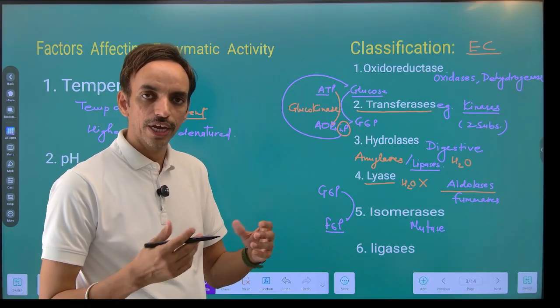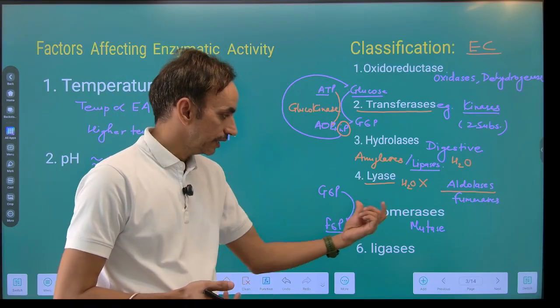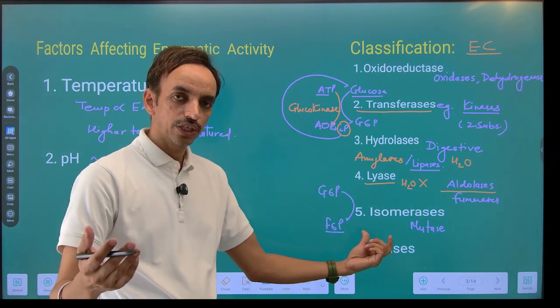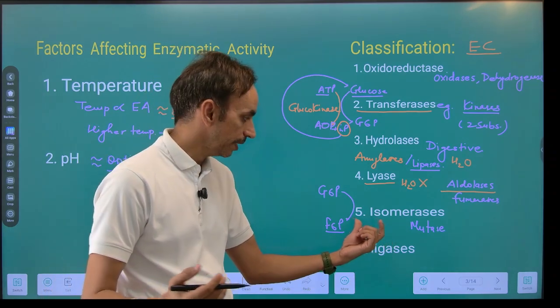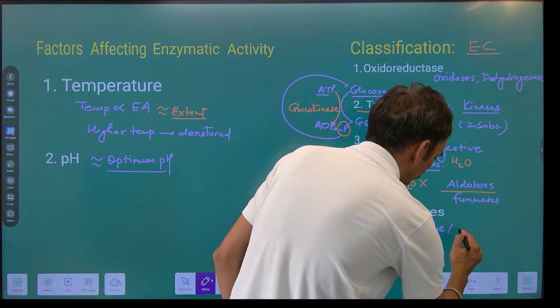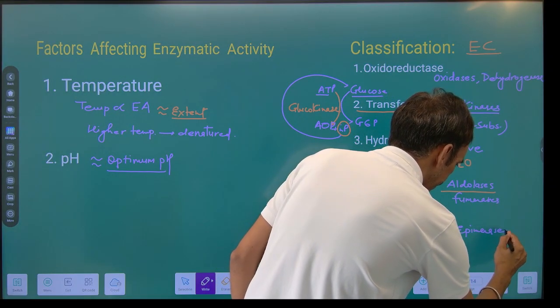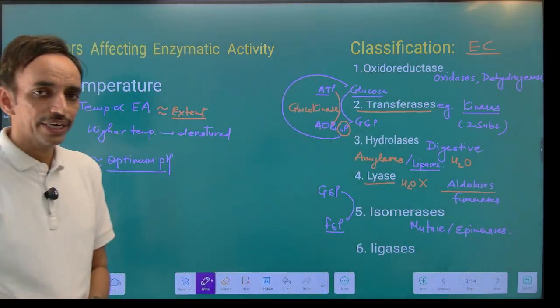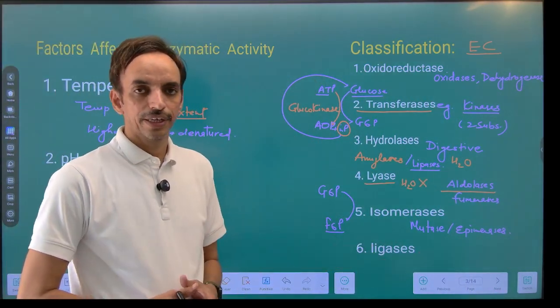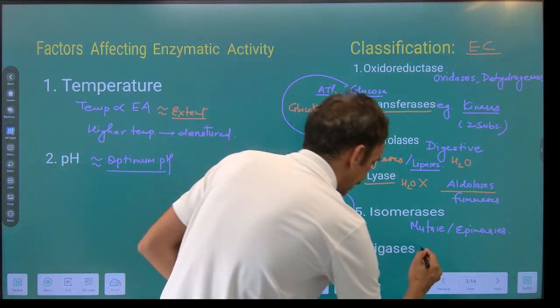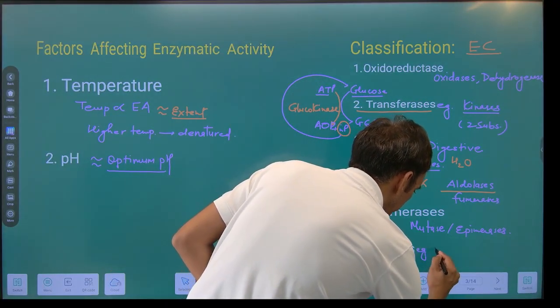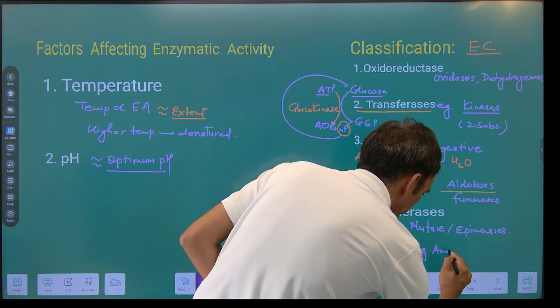So these are the isomerases. Examples are mutases, epimerases, etc.